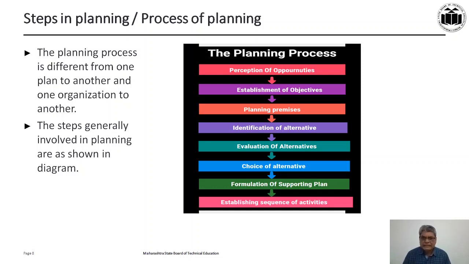Let us take an example. 150 years back, Jamshedji Tata perceived an opportunity to manufacture steel. Why? Because 150 years back, industrialization started in India, and he thought that a lot of steel would be required for building infrastructure like bridges, factories, machines, and so on.